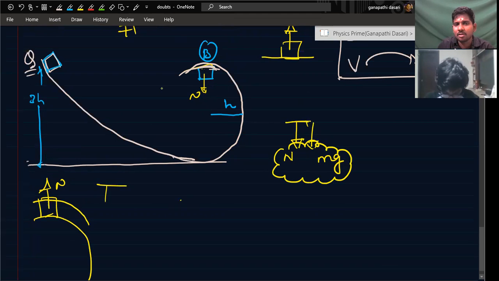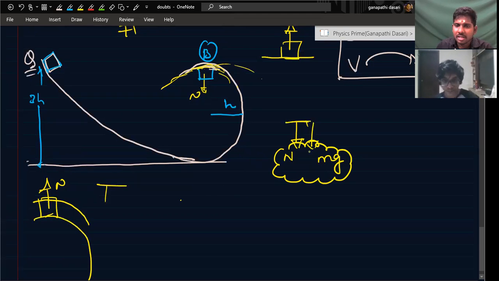Here it looks like it is moving in a circle, right? So whenever there is a curved path, as I taught you in the previous class, it should have centripetal force, right? You remember?